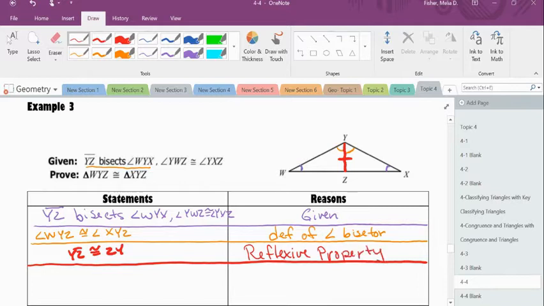And so now I can see that my triangles are congruent based on angle, angle, side congruency. So triangle WYZ is congruent to triangle XYZ, and that is by angle, angle, side congruency theorem.